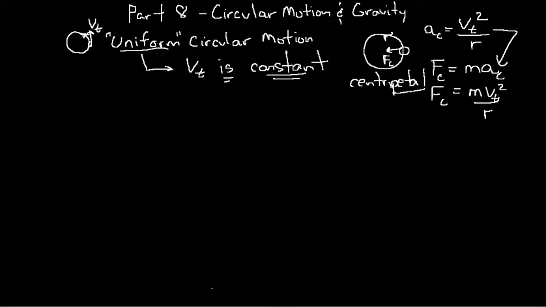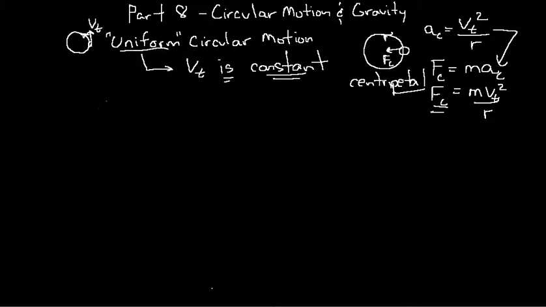Now, the other thing is that you always have to have this centripetal force, which is directed towards the center. You have to have that if you are moving in a circular path. So something has to provide this type of centripetal force.